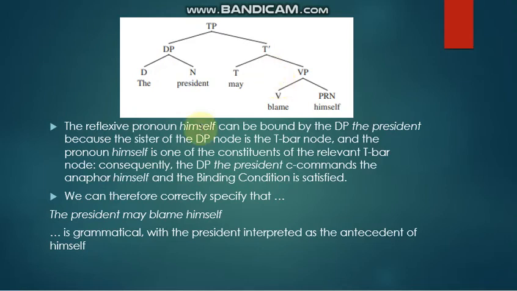The reflexive pronoun himself can be bound by the determiner phrase the president, because the sister of the determiner phrase node is the T-bar node, and the pronoun himself is one of the constituents of the relevant T-bar node. Consequently, the determiner phrase the president C-commands the anaphor himself, and the binding condition is satisfied. We can therefore correctly specify that "The president may blame himself" is grammatical, with the president interpreted as the antecedent of himself.